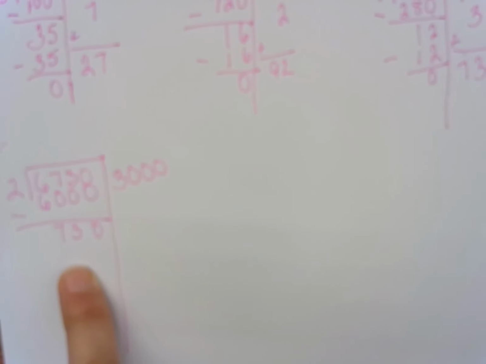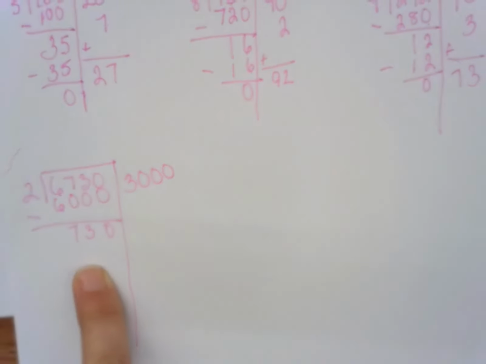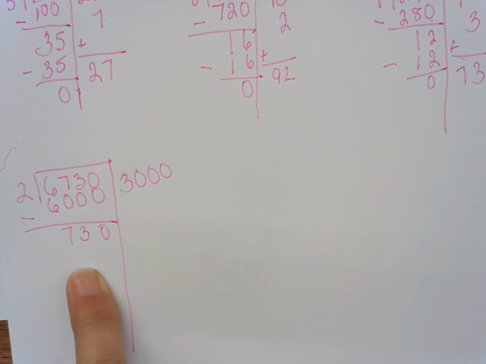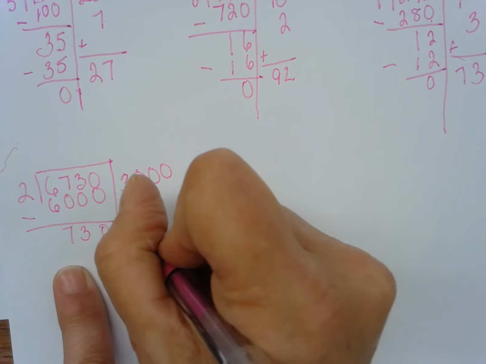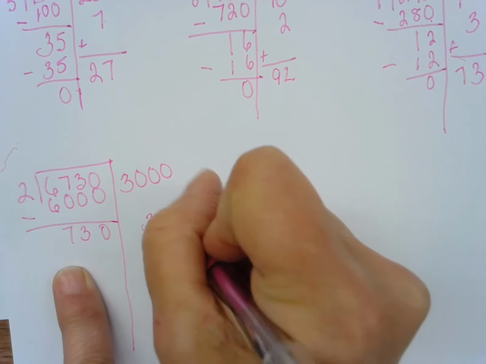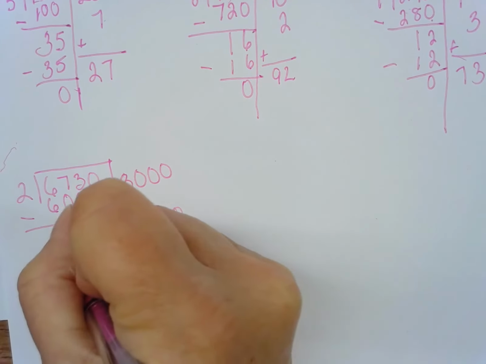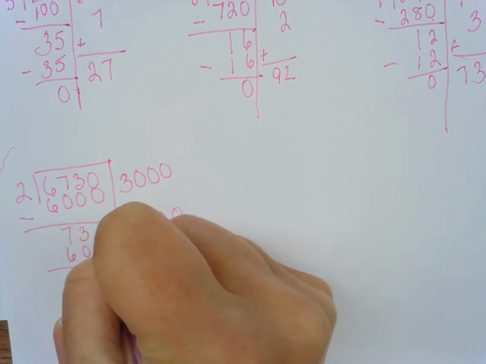We get 730. All right, so how many times does 2 go into 700? Well, it doesn't go into 700, but it goes into 600 300 times. 300 times 2 is 600.